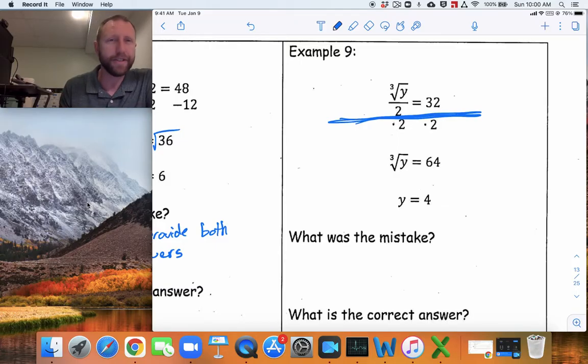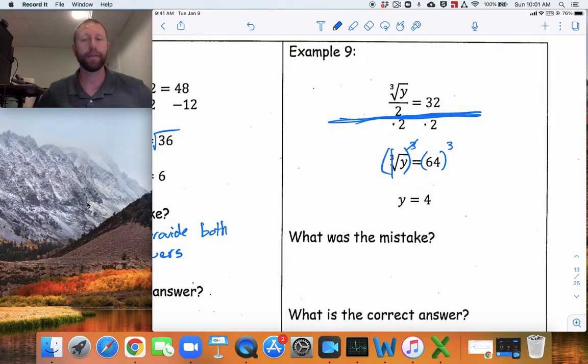And again, they didn't show their work on example 8 or example 9. I don't like that. Let's go ahead and put that on here. What they should have done is cubed both sides, right? Because that cubed gets rid of the cube root symbol, and that's how we get y by itself. Well, 64 times 64 times 64 is not 4.